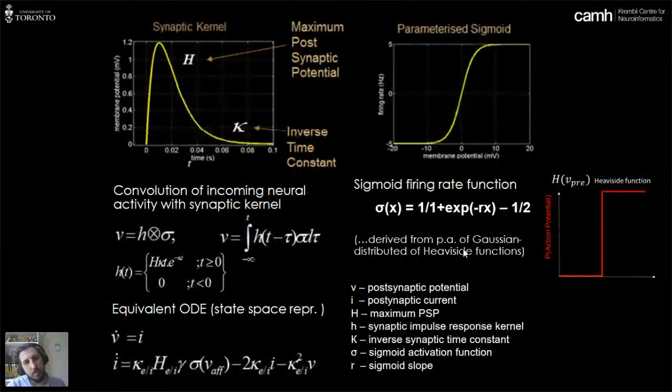So the synaptic kernel on the left-hand side has two equivalent mathematical formulations that are both useful to know about. I'll just describe it briefly here. It's really not essential for people who aren't getting into this modeling to understand it in too much detail.